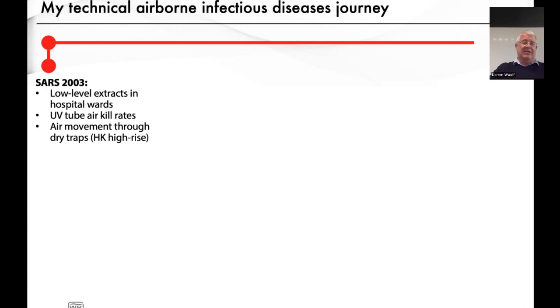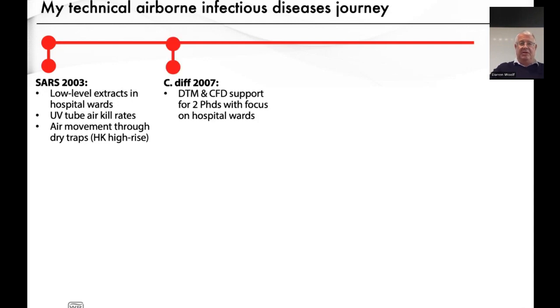Then looking at UV tubes, different arrangements of UV tubes and how they kill air passing over those tubes. And then from the Hong Kong high-rise focus, looking at air movement through dry traps in toilets.